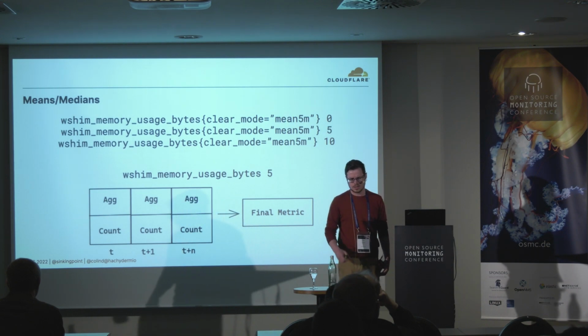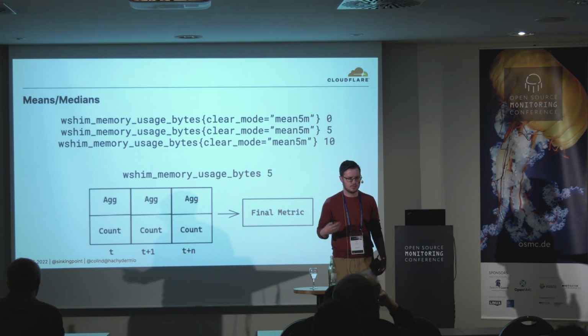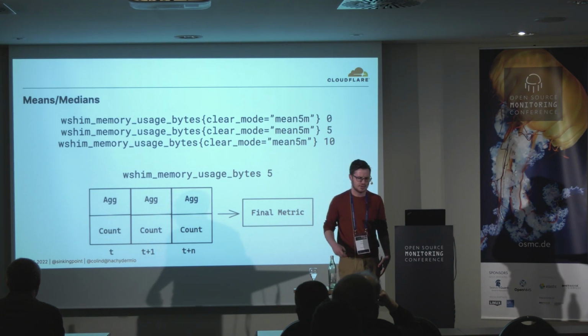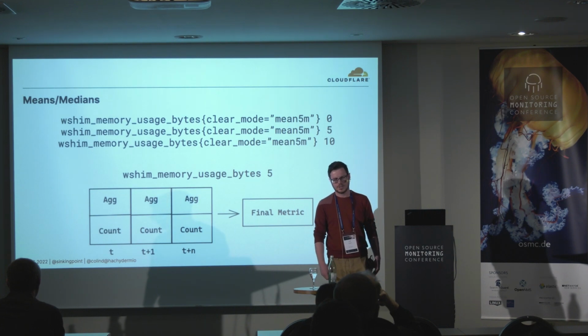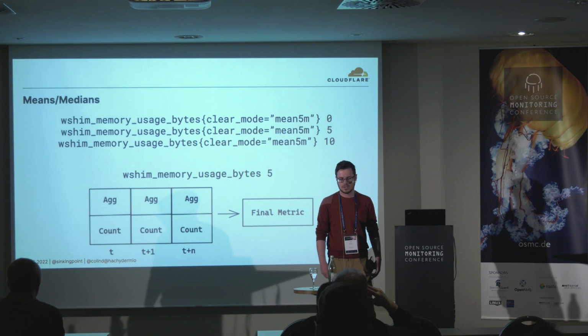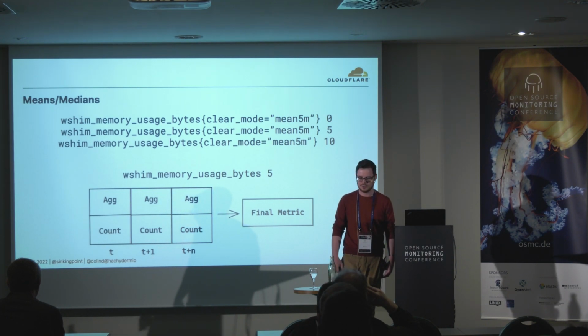And at the same time, I mentioned we wanted to take statistical functions over our gauge values, and this is non-trivial because a metric in Prometheus world is a number, right? It's a float. At least at the moment, native histograms are coming along. They're quite interesting, but it's a single observation.